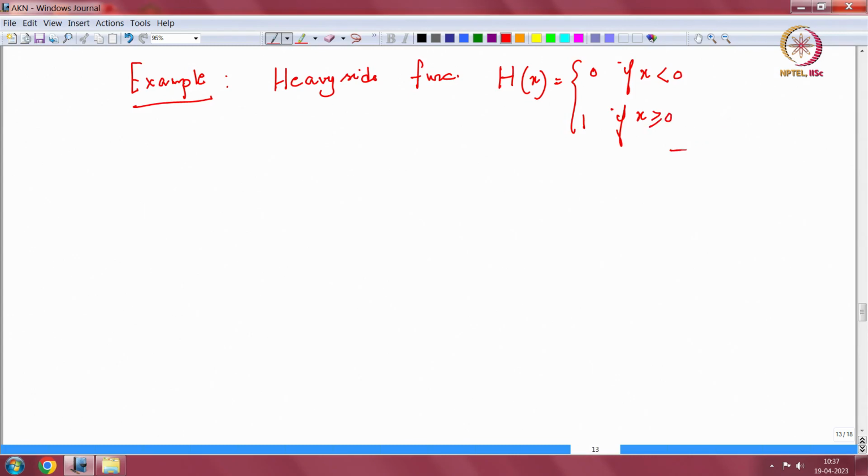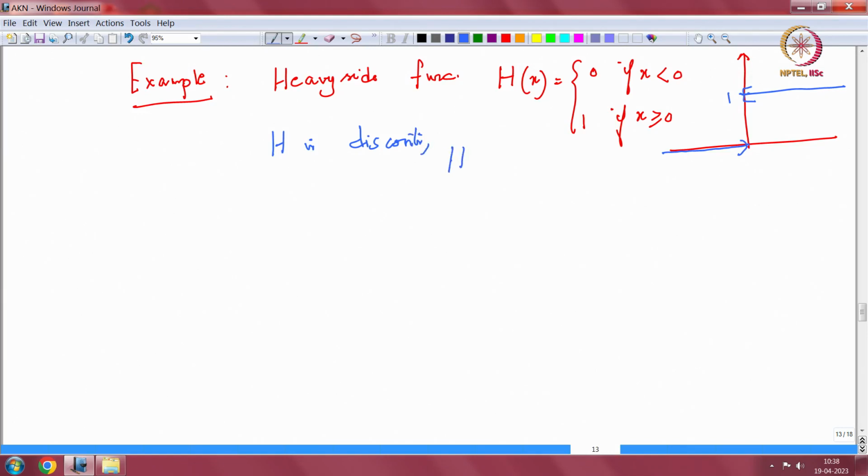So, that means you have a discontinuous function, defined on R. Here this one is open, and at 0 you have 1. So, a discontinuity.